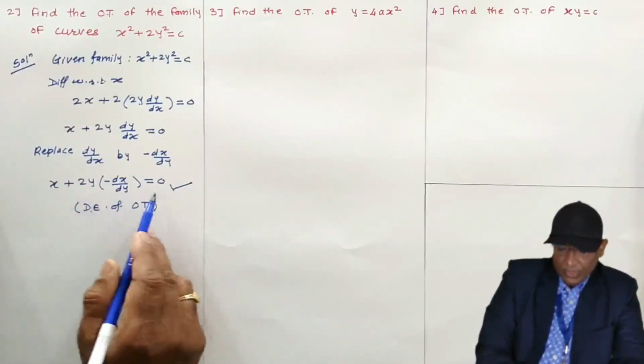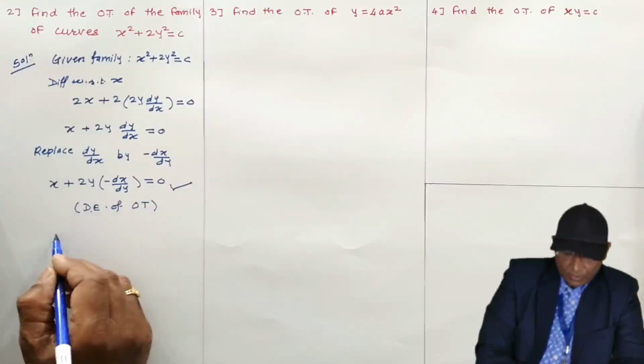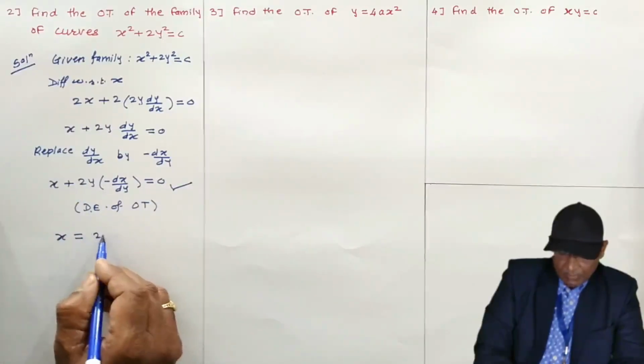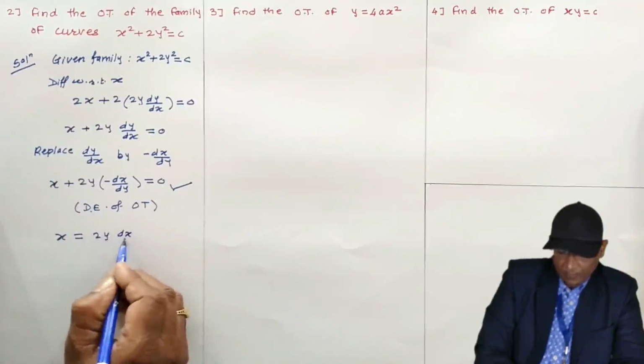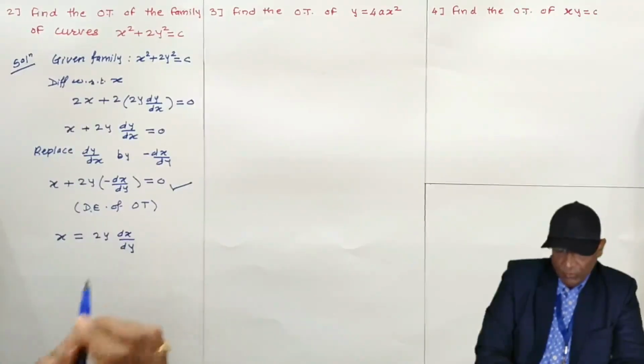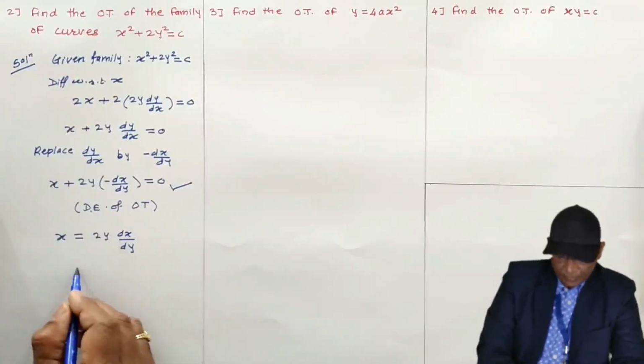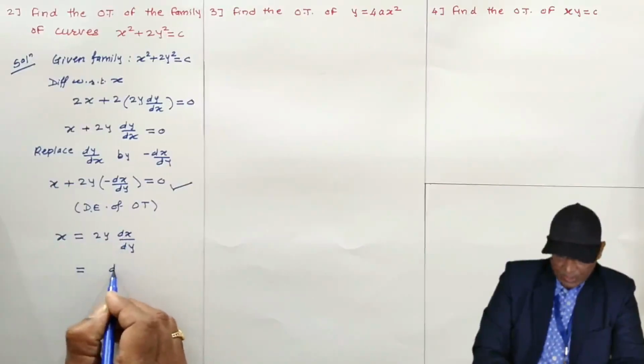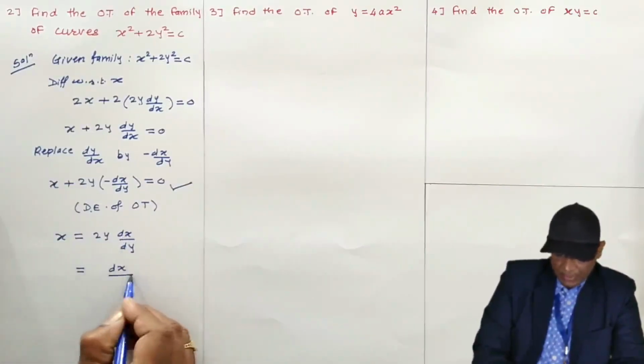Now, once you get the differential equation of orthogonal trajectory, try to simplify this. This minus sign is there, so I am shifting this term to the right hand side. The simplification is fully dependent on you, how to do it. Here I am separating variables, dx, x I am shifting here.